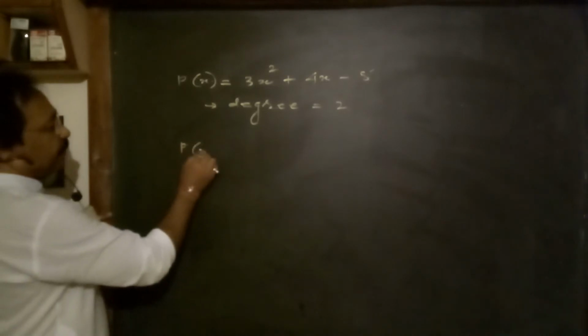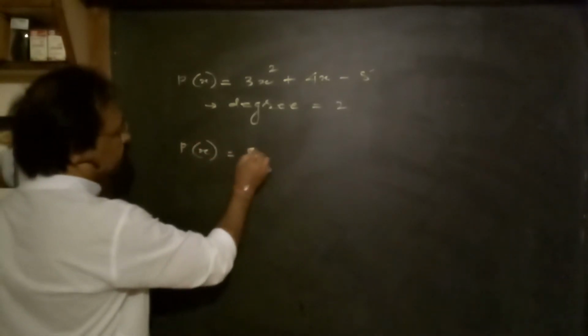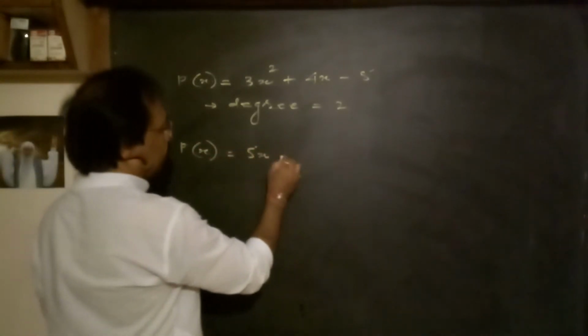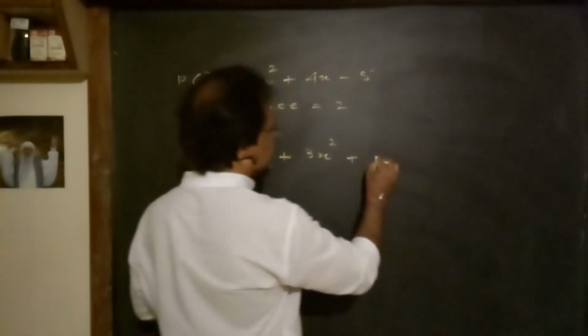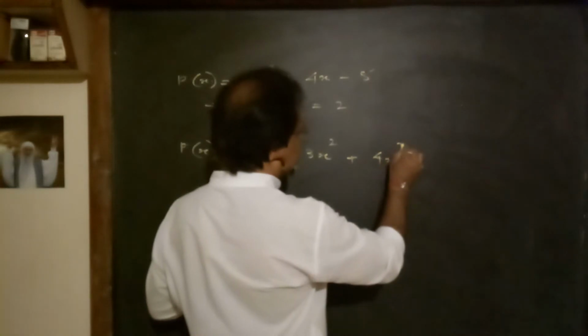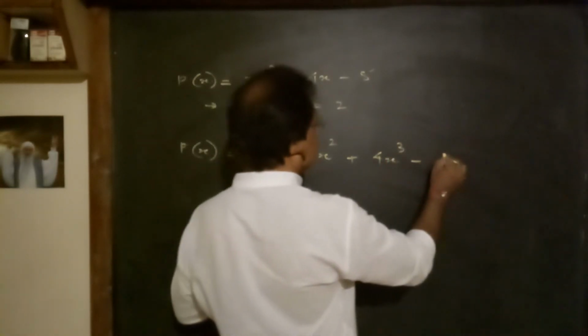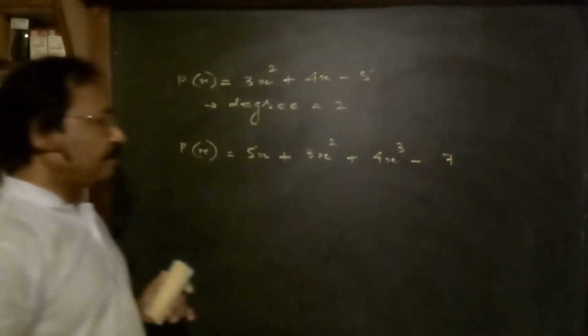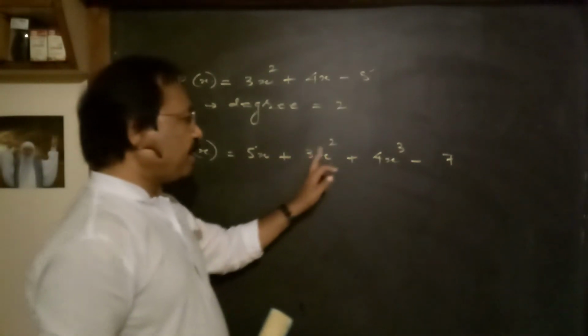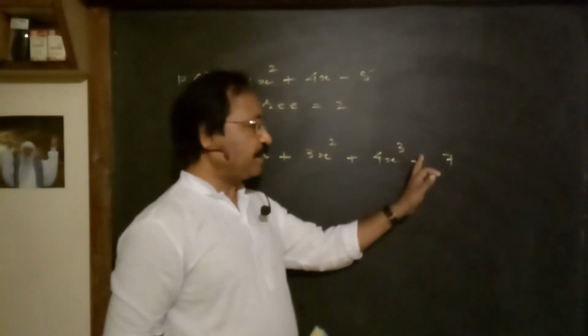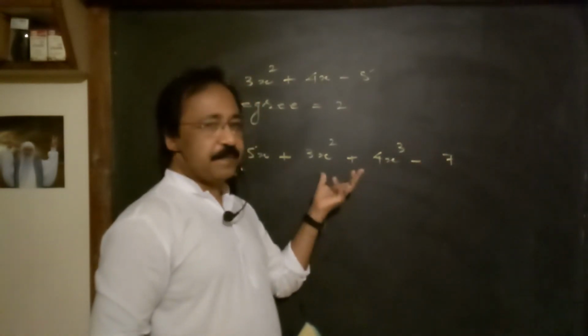Sometimes you may be given p of x is equal to 5x plus 3x square plus 4x cube minus 7. This is one polynomial.